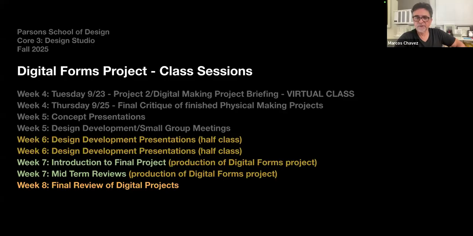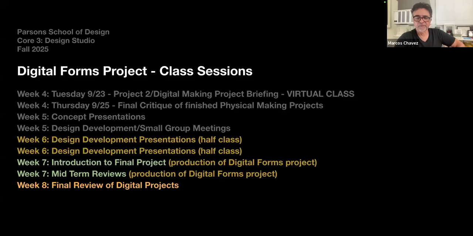And as I've been telling you, I'll give you an assignment to do some research to present some causes or issues that you want to have as the subject for your final project. And then on the Thursday of week 7, we're going to have independent one-on-one midterm reviews.